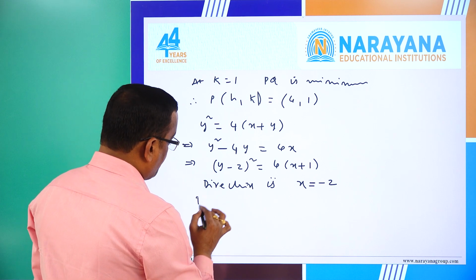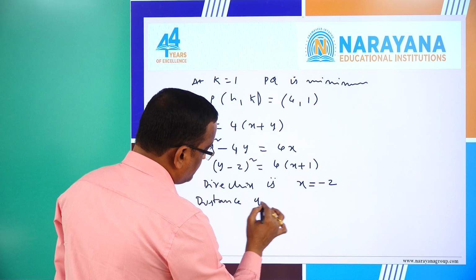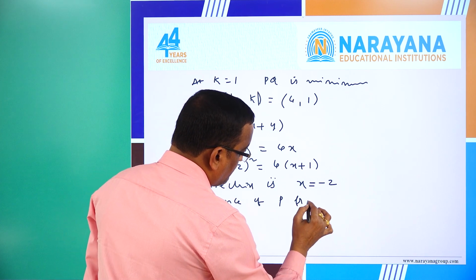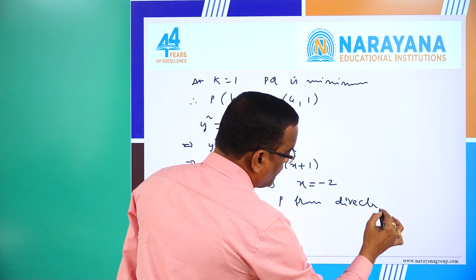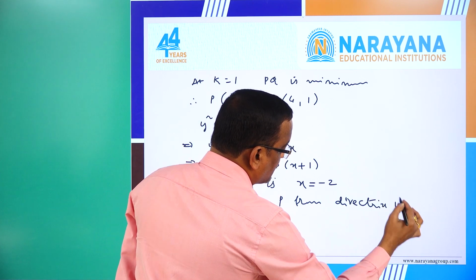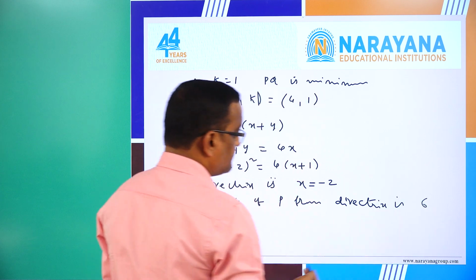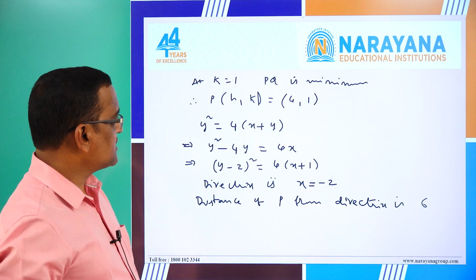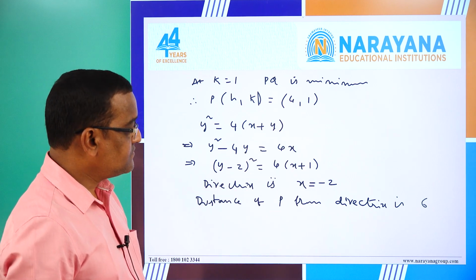Now the distance of P from the directrix is 6, the perpendicular distance from 4 comma 1 to this line x plus 2 is equal to 0.